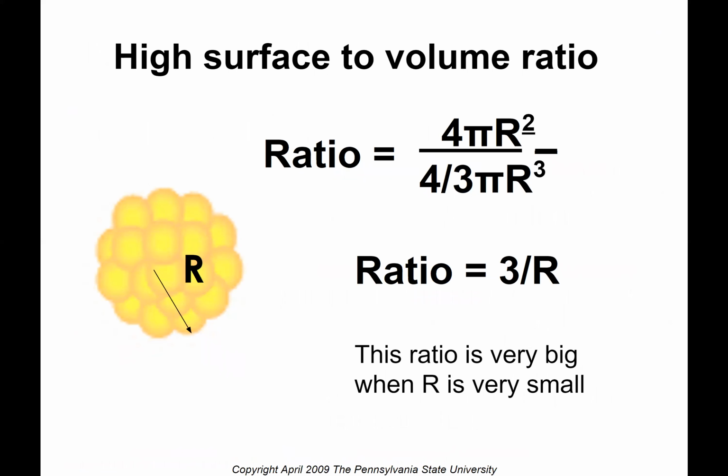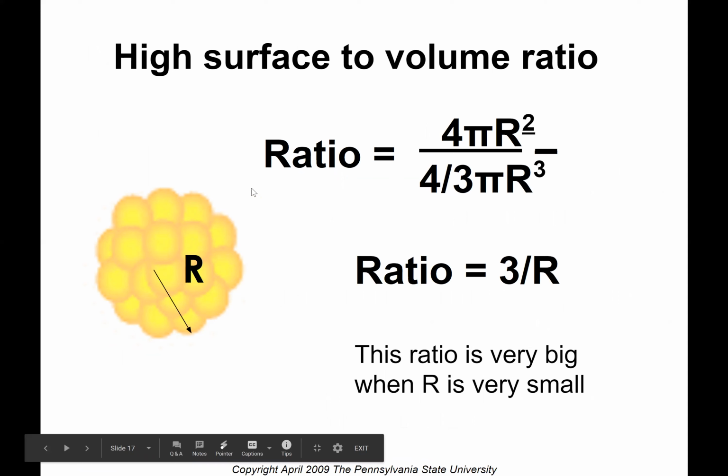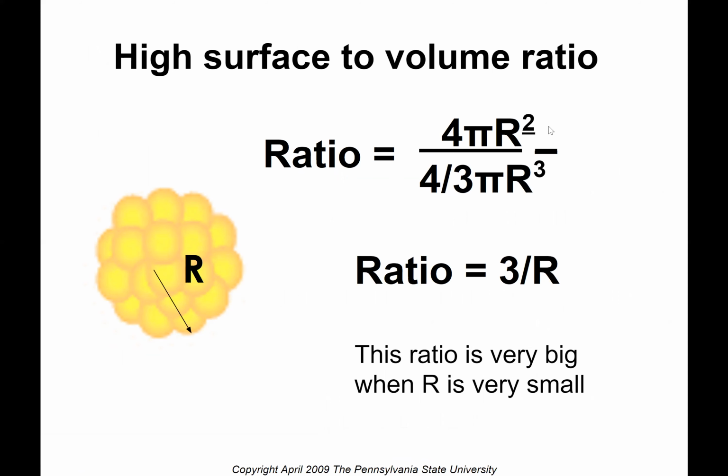Another characteristic is super high surface to volume ratio. This shows the formulas for the ratio of the surface of a sphere divided by the volume of a sphere, right? Surface over volume. And so most of these numbers can cross out, and what you end up with is 3 divided by the radius of your particle.